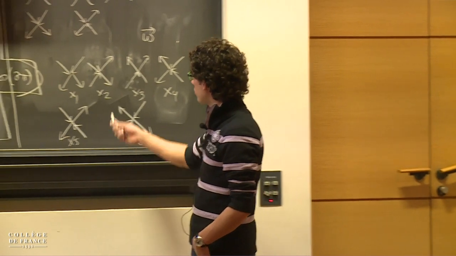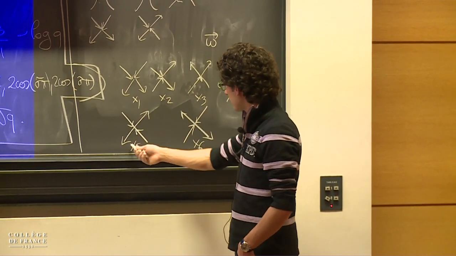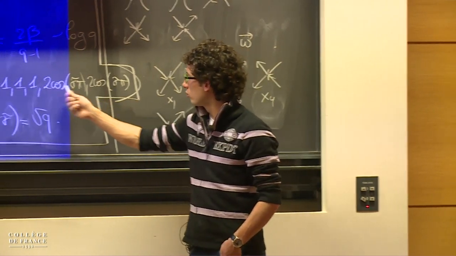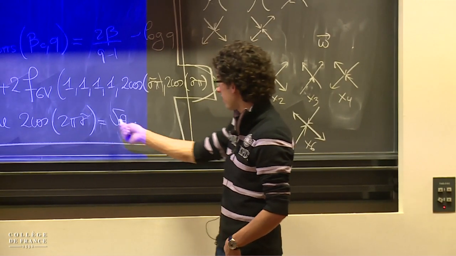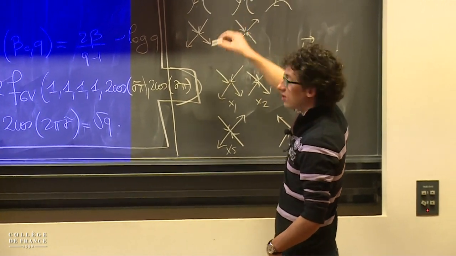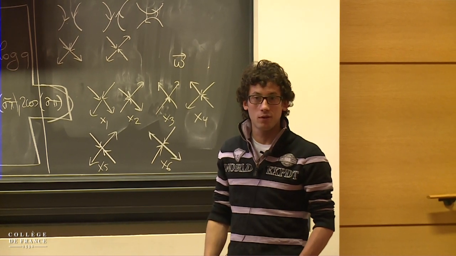Well, if you put x1 equal x2 equal x3 equal x4 equal 1, and x5 equal x6 equal 2 cos of sigma tilde pi, where you choose sigma tilde like that, you can check that the mapping between the two partition functions is giving you the same thing.